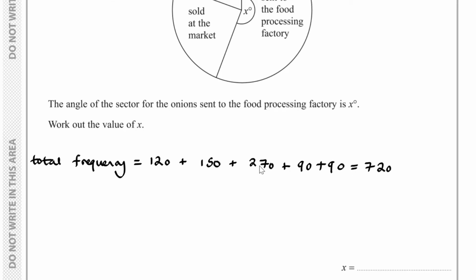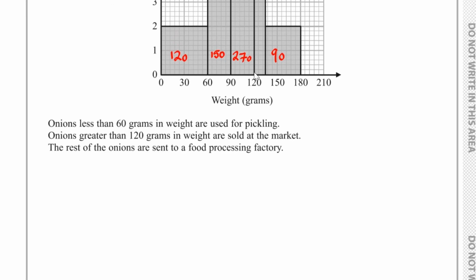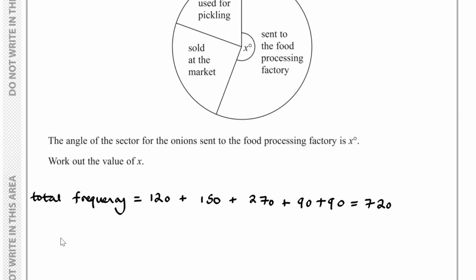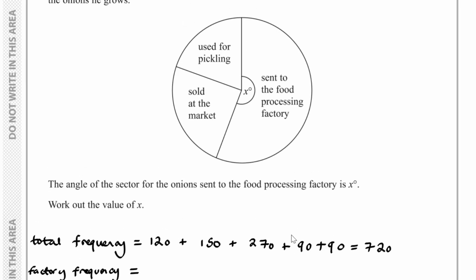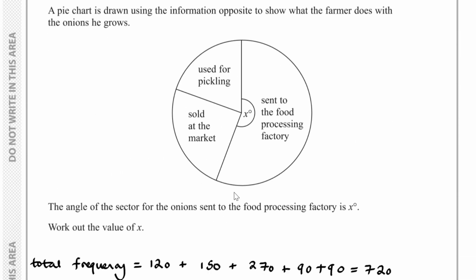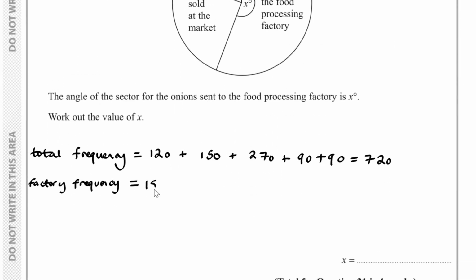Okay, so the amount we've got in between 60 and 120, so these are the ones that are sent to the processing factory. So the factory frequency is equal to 150 plus 270.